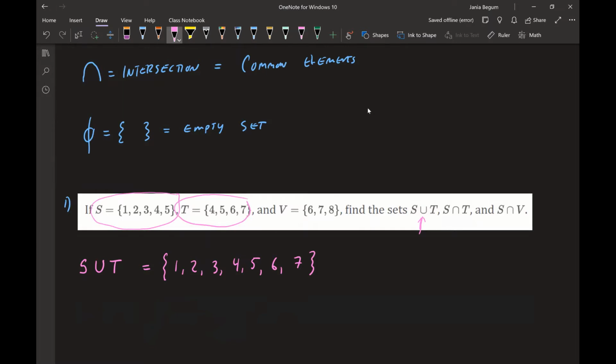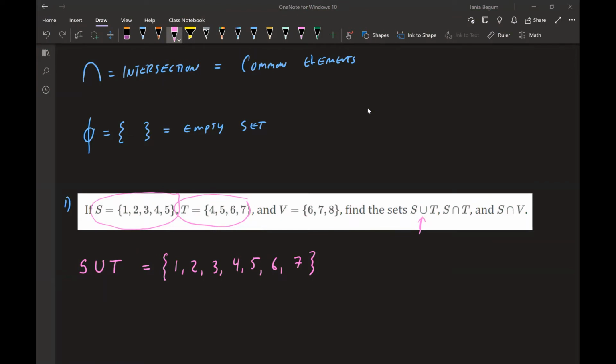Okay, so you're just writing everything in between. Exactly, because that symbol really means what's in S, what's in T, put them all together. And that's exactly what I did. I put everything from S, 1, 2, 3, 4, 5, and then everything from T, 4, 5, 6, 7. But because 4 and 5 were already in S, I don't have to repeat them because it's the same element. You just list them once. Any questions? Make sense so far?